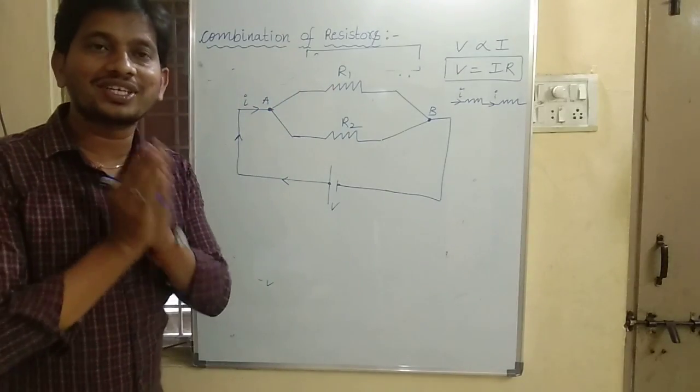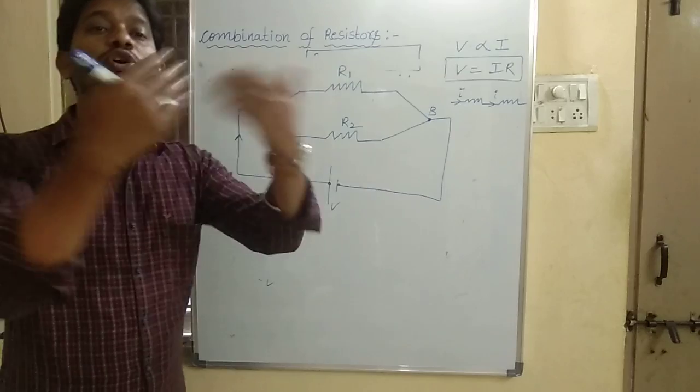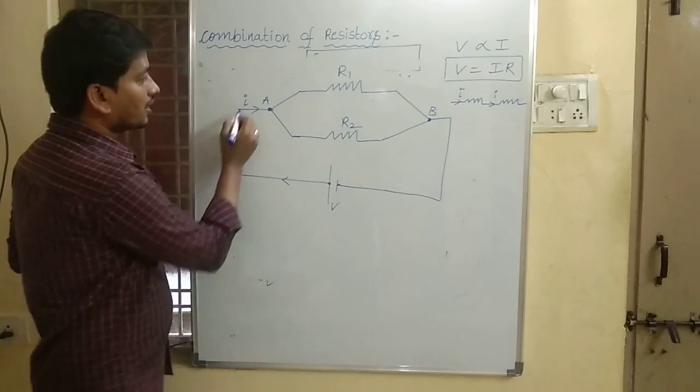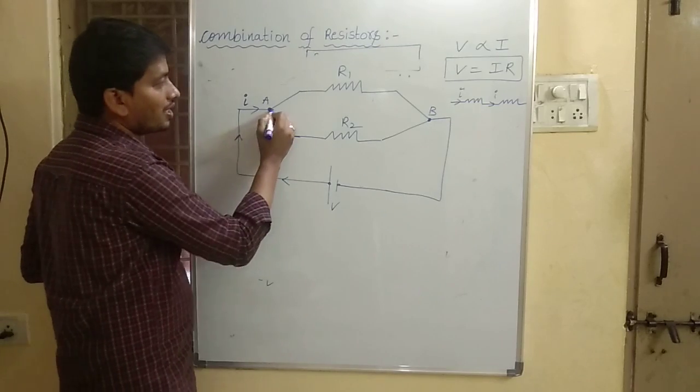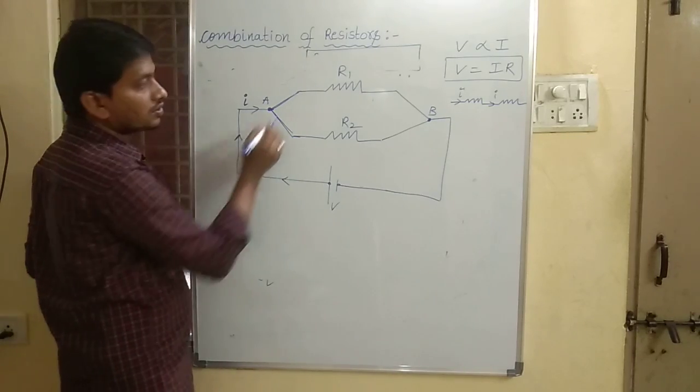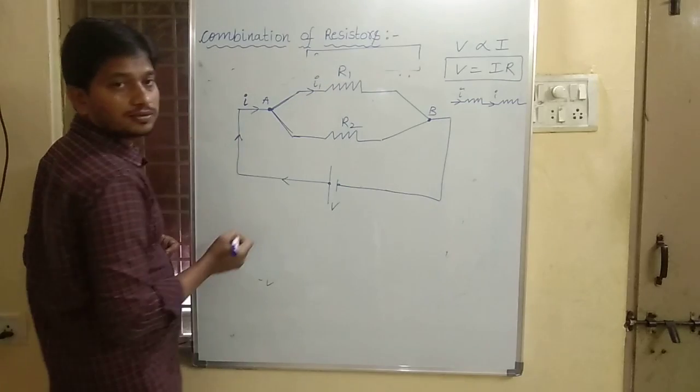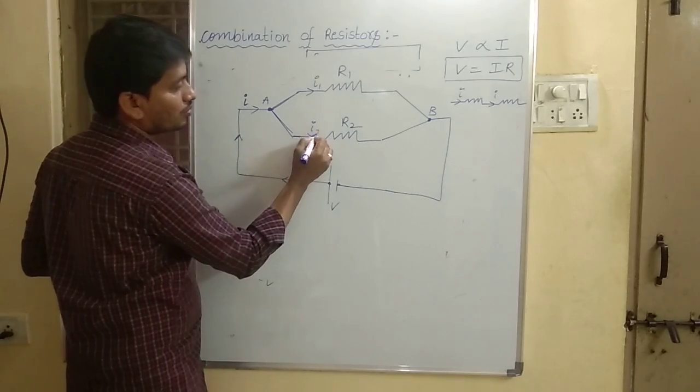But in parallel connection, current is going to be distributed. See here the current is I. At this point, current I is going to be distributed into I1 and I2.